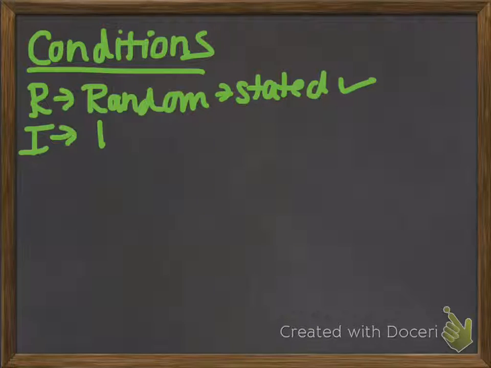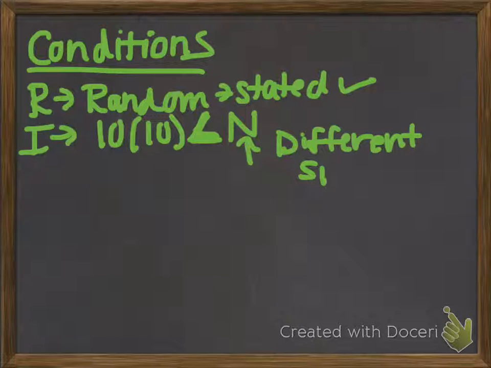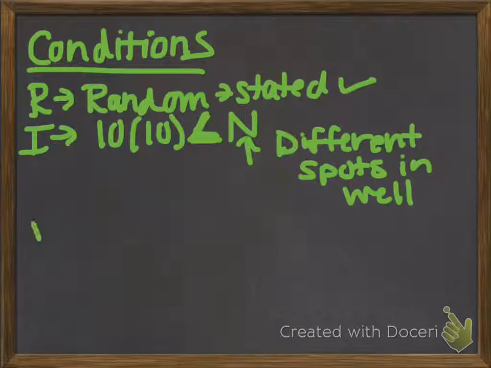Independence, 10 times 10 has to be less than capital N, which is all the different spots in the well. This is reasonable.